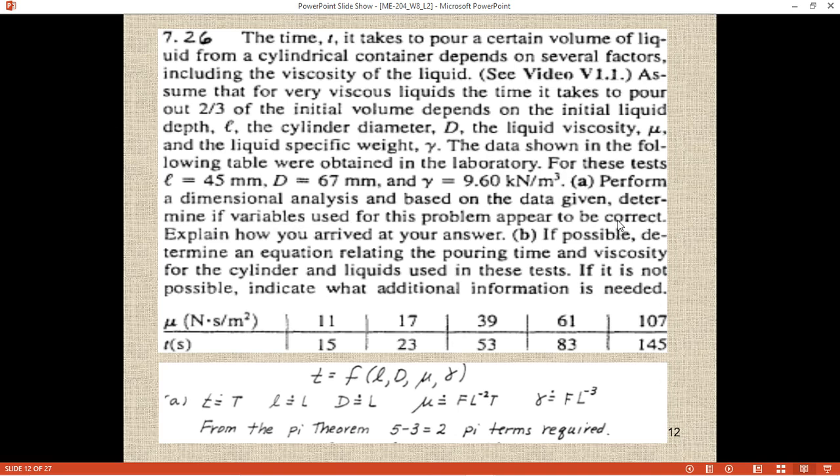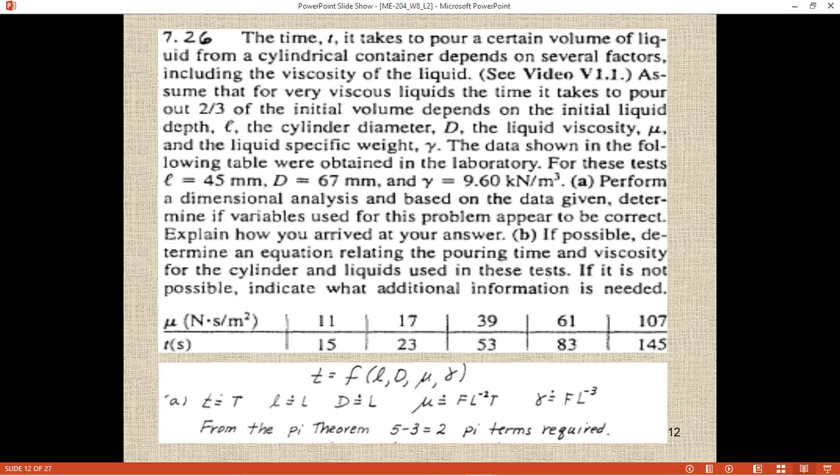First of all, we have to do the dimensional analysis, and second, we have to confirm that the variables we have considered to solve this problem are correct, and explain how you arrive at your conclusion that the variables we have selected are correct.